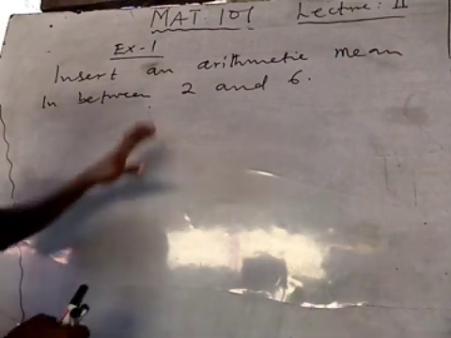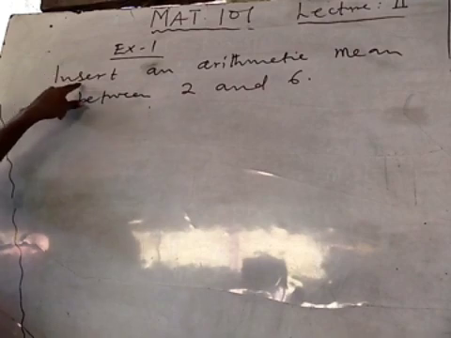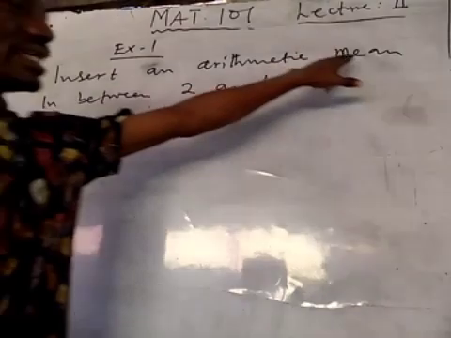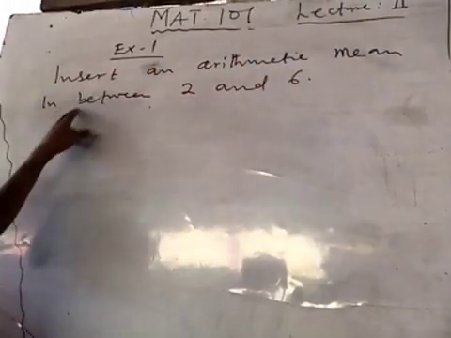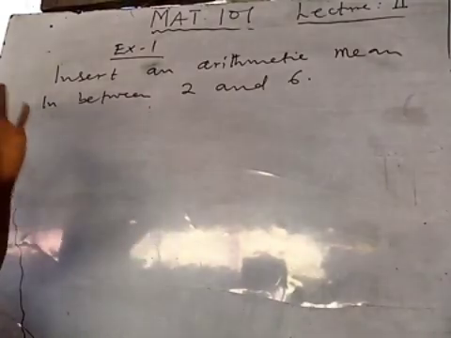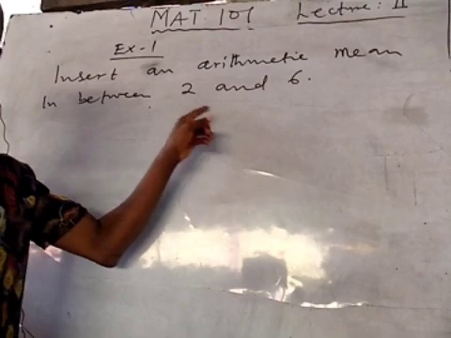All right, we have a question here. This is example 1. The question says that we should insert one arithmetic mean in between the numbers 2 and 6.